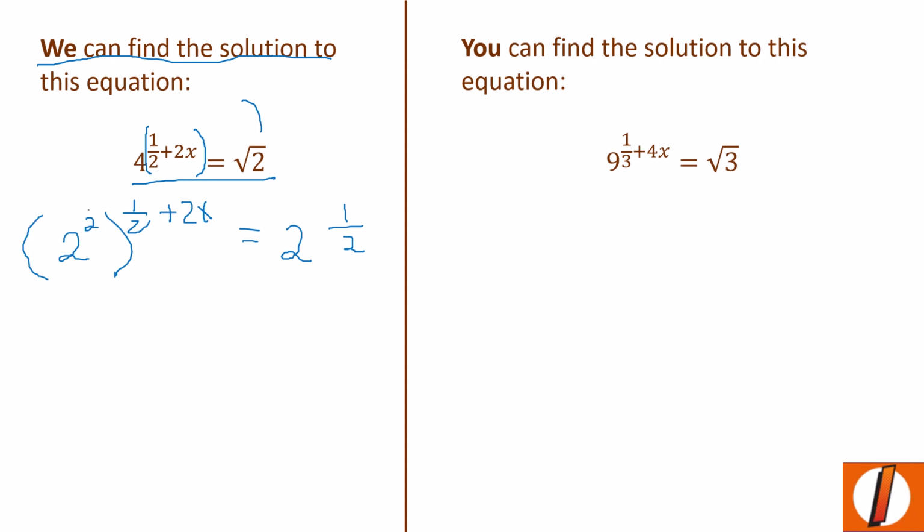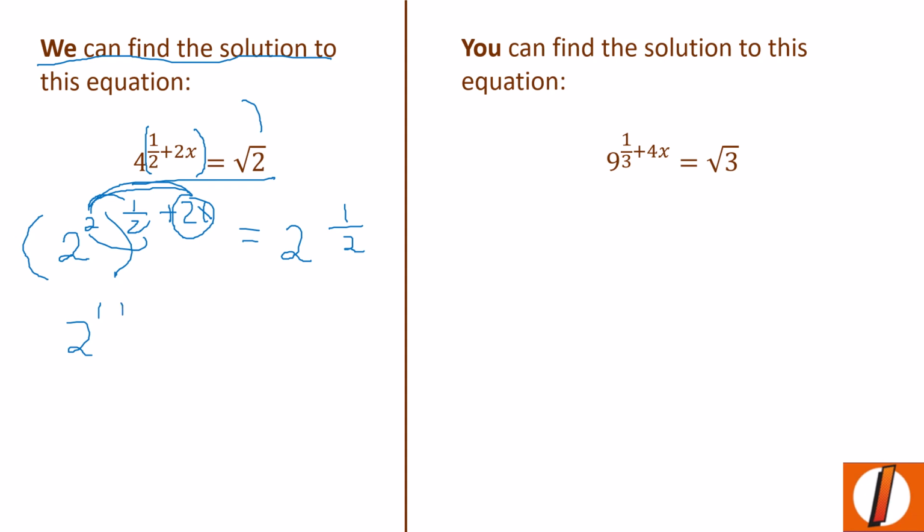Now let's go ahead and raise this power to the power. So we would multiply, distribute through. 2 times 1/2 is 1, or 2 divided by 2 is 1, plus 2 times 2x is 4x.